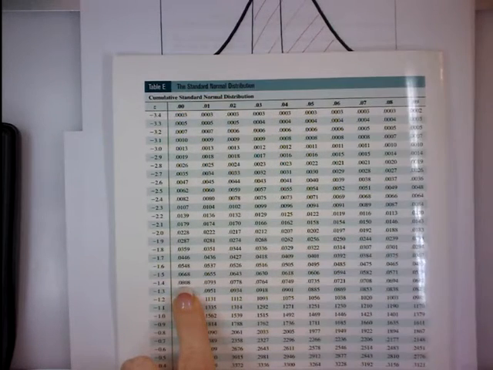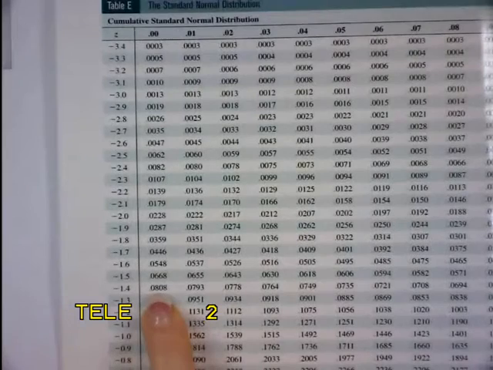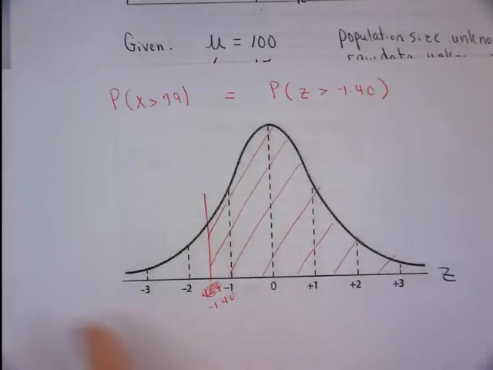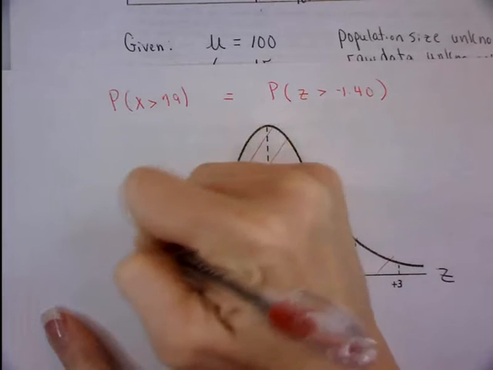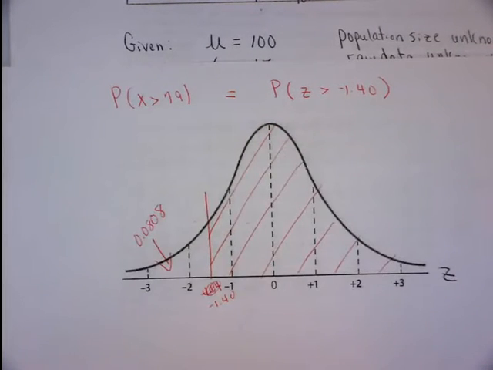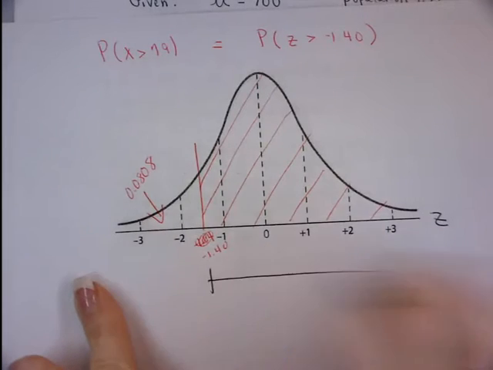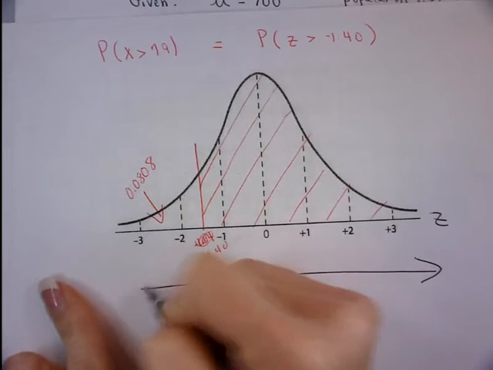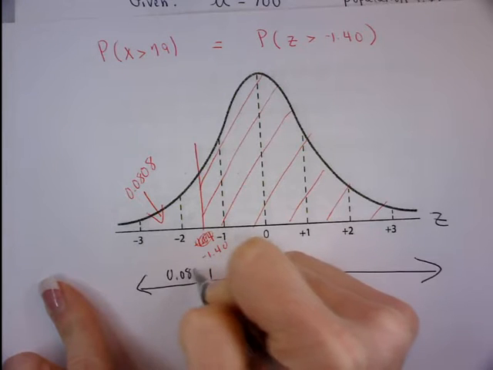That area is actually this area. So the area that I want to find is this. But the area the table gives me is 0.0808.